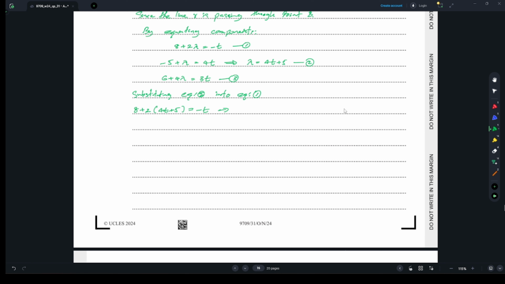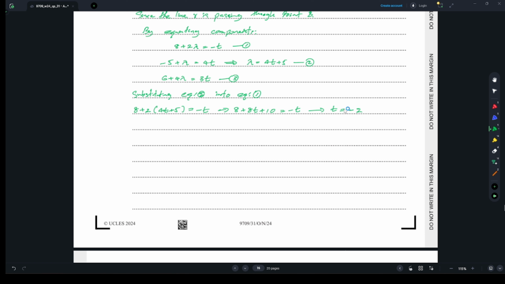And so here we will have 8 plus 8t plus 10 equals minus t. So from this one, you will have 9t equals minus 18. So t equals minus 2.